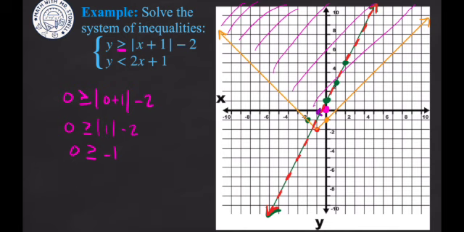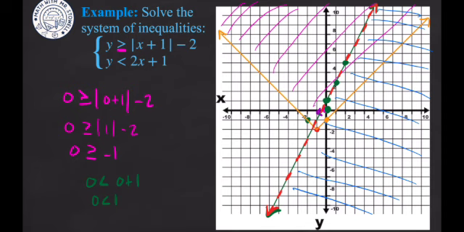Well, let's just choose a point. Let's choose, well, 0, 0 isn't on the line. 0, 0 is right here. So let's choose 0, 0. 0 is less than 0 plus 1. So 0 is less than 1. That is true. So we are going to end up shading down this way towards 0, 0.